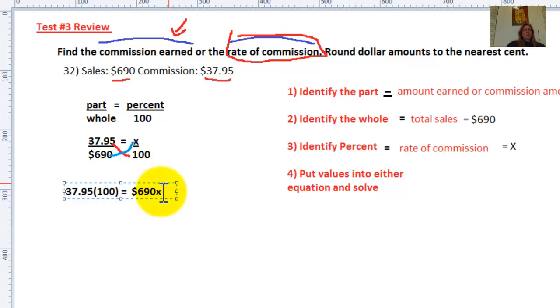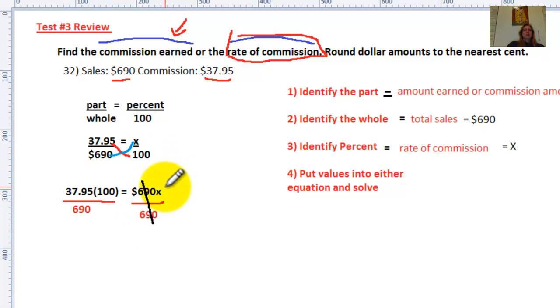So in this case, we have 690X, and we have to separate these two numbers, which are multiplied, so we will divide both sides by 690. So we can isolate the X and set the problem equal to X. When we divide 690 on this side, it gives us a fraction of 690 over 690, which is 1, because any number over itself equals 1.